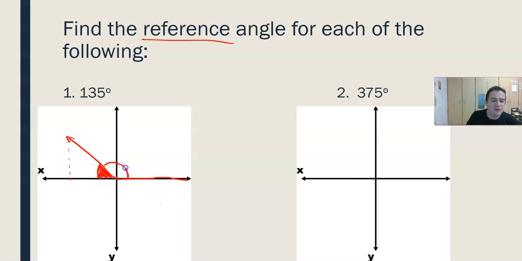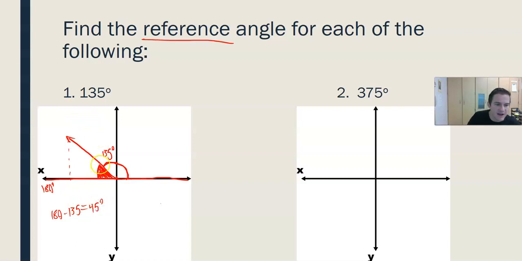Well, if the angle from here is 135 degrees, and all the way over to here would be 180 degrees, how much farther do I need to go? If I'm at 135 degrees and I need to get to 180 degrees, well, 180 minus 135 is 45 degrees.